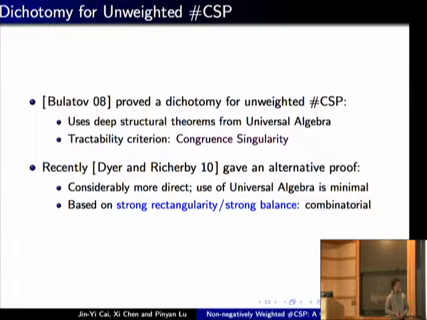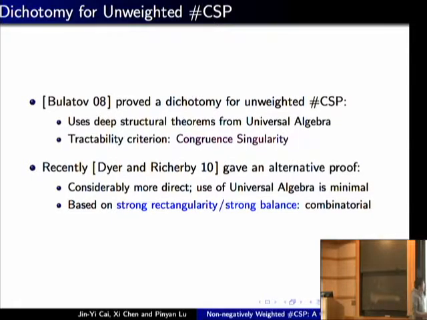Yeah, but fortunately, last year we got this alternative proof of Dyer and Richerby. They proved the same dichotomy theorem for all the unweighted counting CSP, but the proof is considerably more direct, and notably they use very little universal algebra.